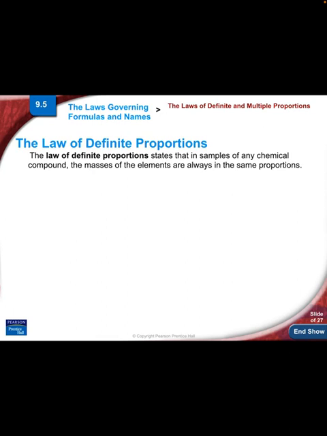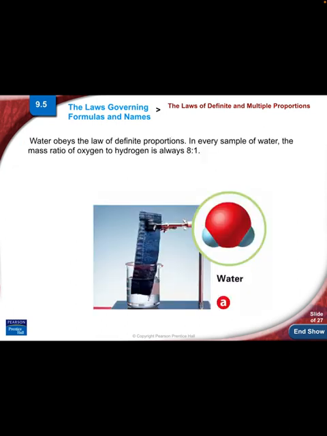And the law of definite proportion, again, says that for any chemical compound, the masses are always in the same proportions. And a good example is water. The ratio of oxygen to hydrogen is always 8 to 1 because oxygen has a mass of 16, 15.99997 or something like that, but it basically is 16, and hydrogen has a mass of 1.